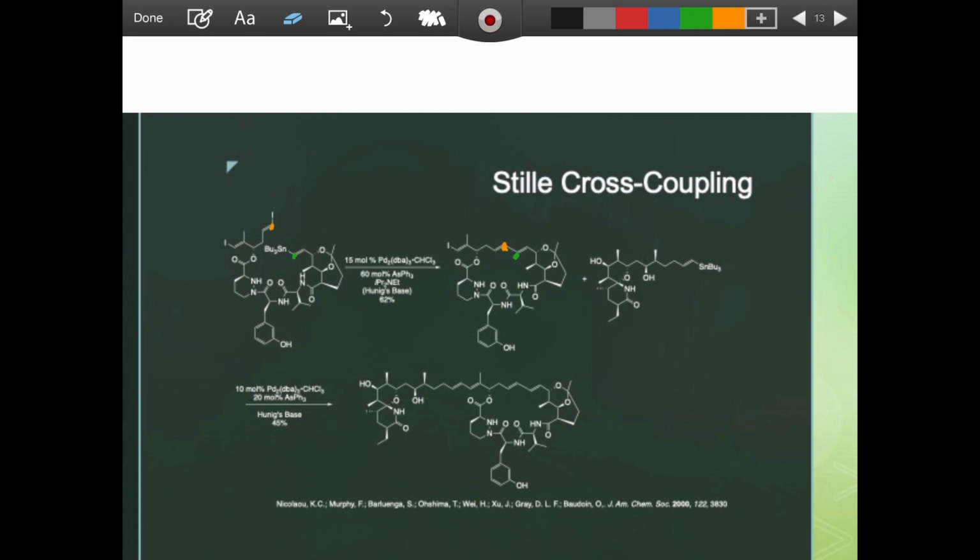If you see there's two iodides here, and they were very fortunate that one iodide decided to react and not the other.